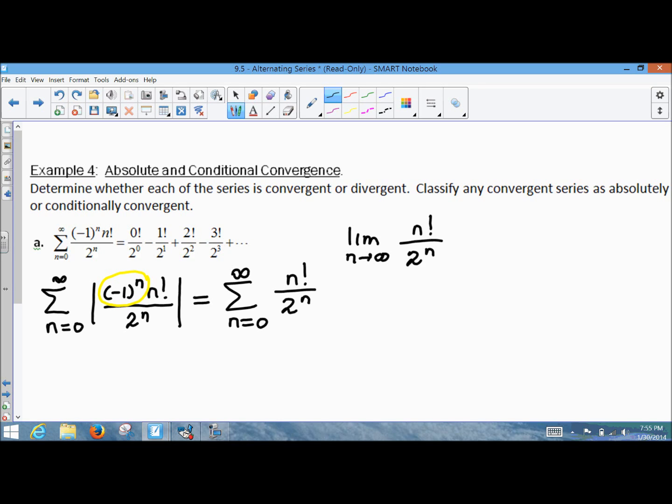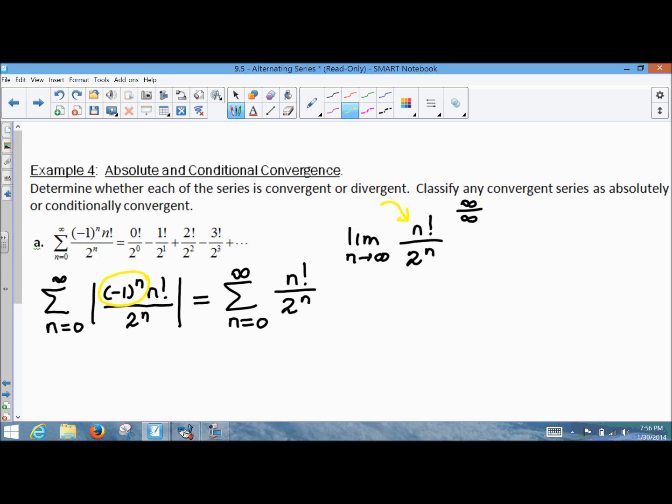Obviously, you can't just plug infinity in for n, because you get an indeterminate form, infinity over infinity. But before you get excited about using L'Hopital's rule, derivatives in general don't play very nicely with factorials.